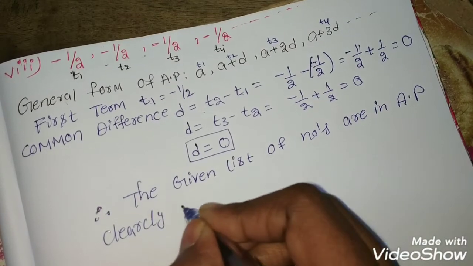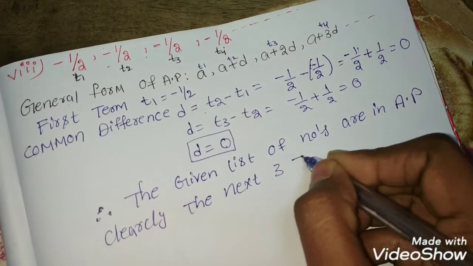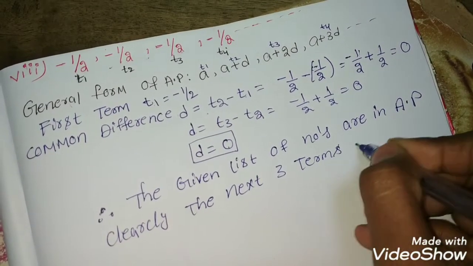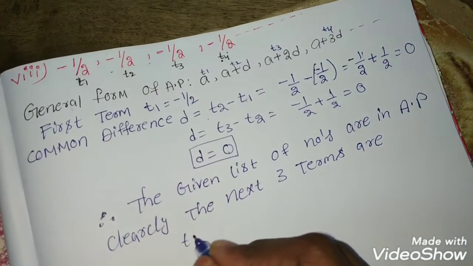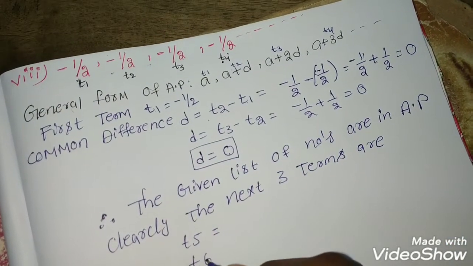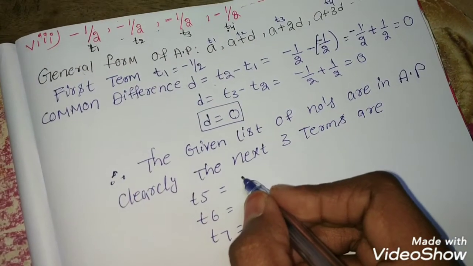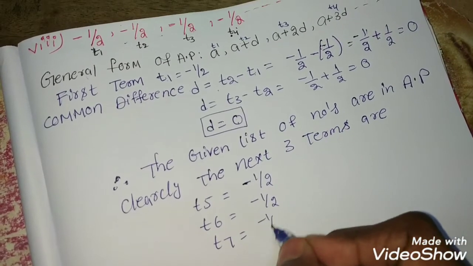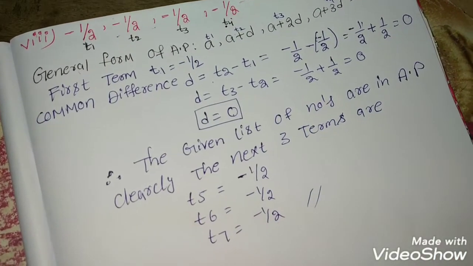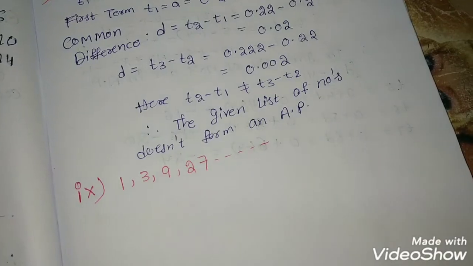Clearly, the next 3 terms are, what are the next 3 terms? That means T5, T6, T7, right? What is T5? Same number which the question was given. Minus 1 by 2, minus 1 by 2, minus 1 by 2. That's it. It's very easy, right? Let's go for next question.